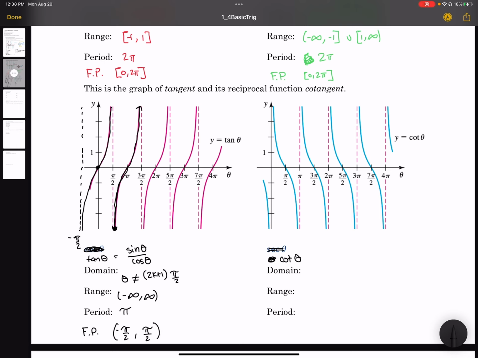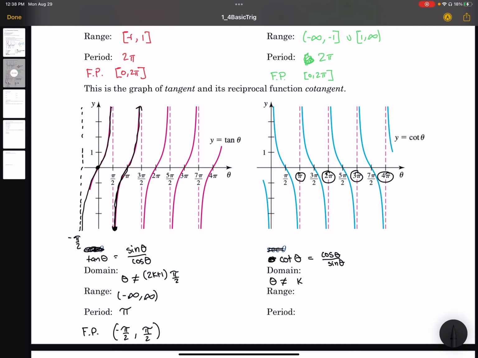Now for cotangent, cotangent is the ratio of cosine theta to sine theta. So that's going to mean our domain is theta cannot equal, and now we're looking at the multiples of pi because that's where sine is equal to 0.